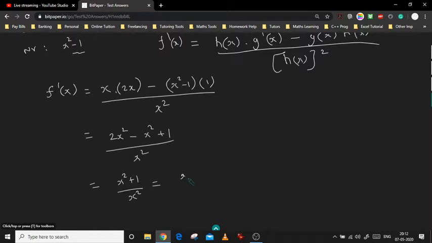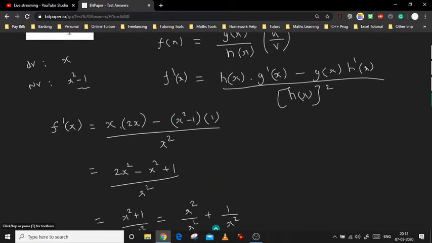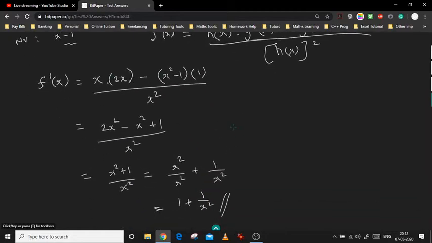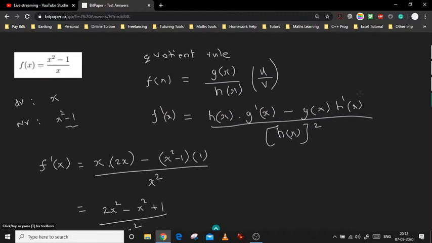This is equivalent to x squared over x squared plus 1 over x squared, which you can simplify as 1 plus 1 by x squared. Okay, so this is the answer for this question: differentiation of (x squared minus 1) over x is equal to 1 plus 1 by x squared. Okay, now let's move on to the next question.